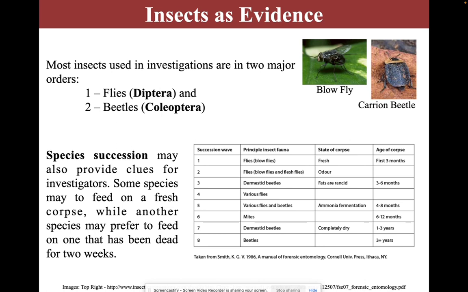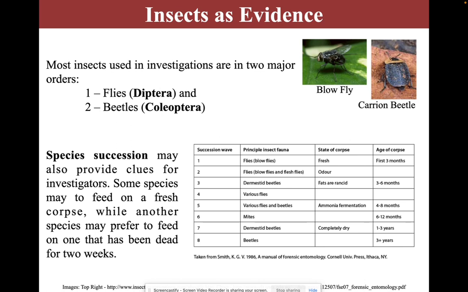Then you have flies that prefer to feed on a corpse that has been dead for a couple of weeks, so flush flies and blowflies, whenever the corpse starts to produce an odor, also in the first 3 months. And then you get the beetles, the third succession wave. They come after fats that have turned rancid, which happens between 3 and 6 months.